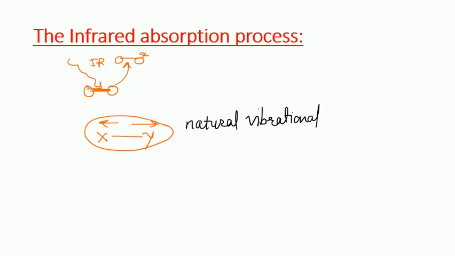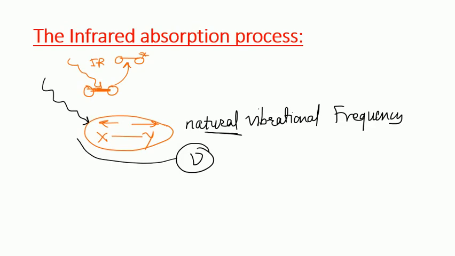If the natural vibrational frequency is mu, and that mu matches the frequency of the IR radiation, then and only then is this bond able to absorb the IR radiation.